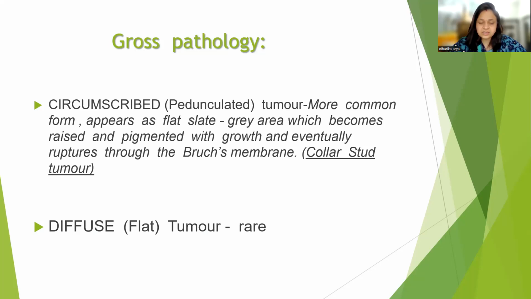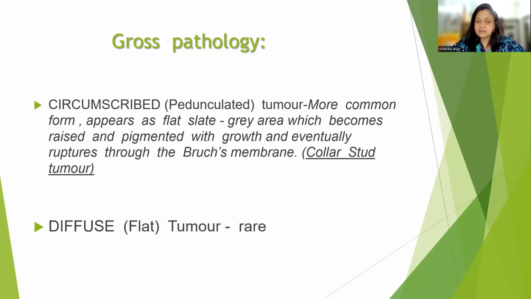So gross pathology is of two types, the circumscribed or the pedunculated, and the diffuse, that is the flat tumor. Circumscribed, as the name suggests pedunculated, is the most common form, and it appears as a flat slate gray area which becomes raised.